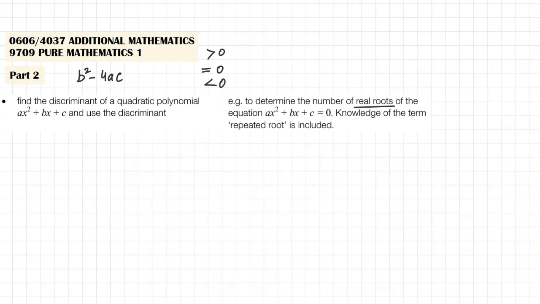So if you haven't watched the first part, make sure you watch that first video to grasp the concept of discriminant, right? In the first video, I discussed just type 1.